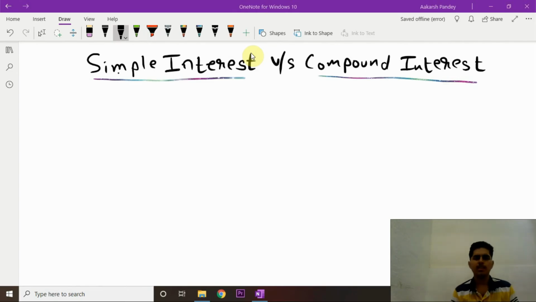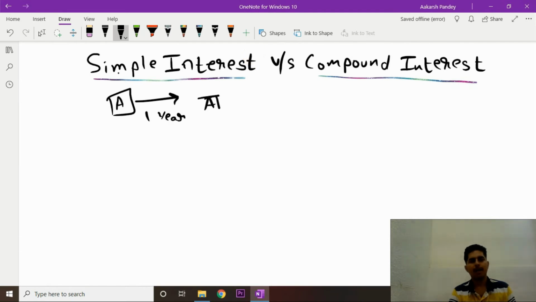We'll begin with the easier part of both of them, that is simple interest. Whenever you hear those cruel money lender stories wherein the farmers did not have money and would go to a money lender and he'll give them some amount, let me say A. In return he'll give them a period, suppose 1 year, and he'll say at the end of 1 year, I want my amount A back from you, plus I want some interest.